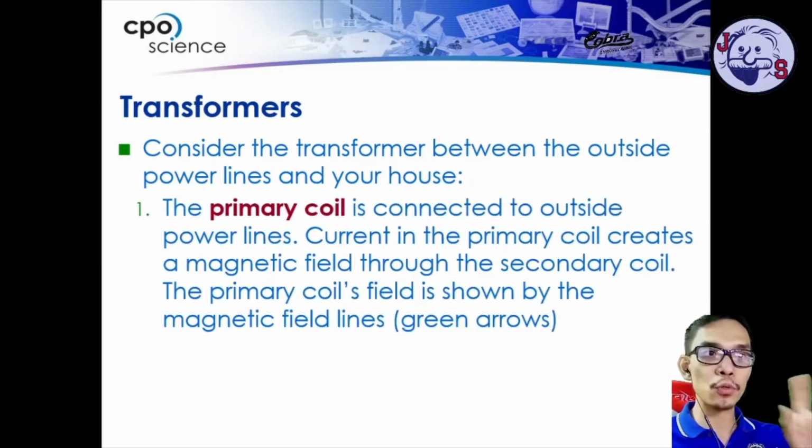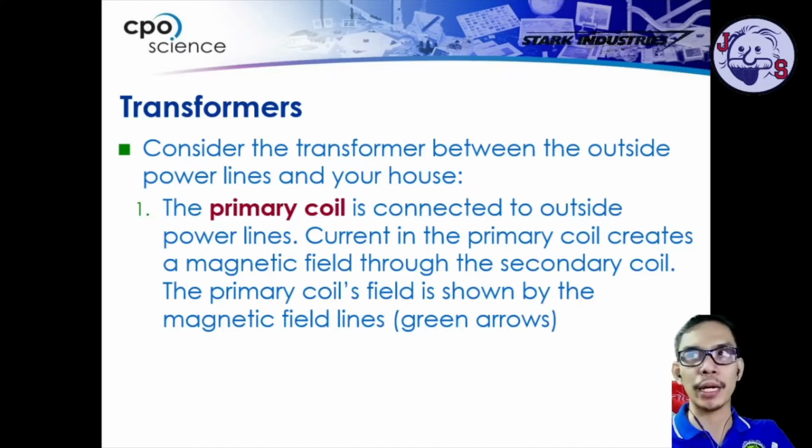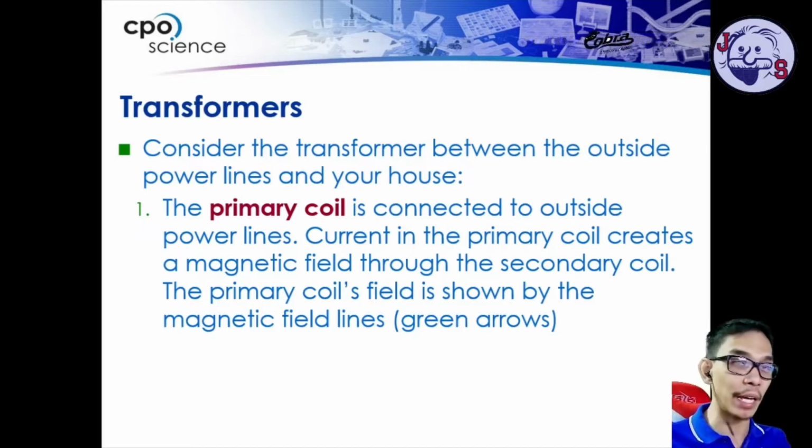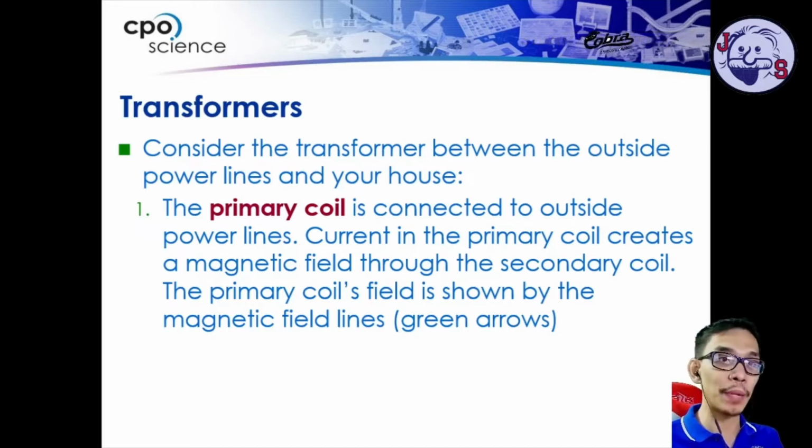Let's have the idea about the transformer. The transformer has two coils, one primary and one secondary. The current in the primary coil creates the magnetic field. As we all know, as Hans Christian Ørsted said, moving charges create a magnetic field. So it follows the same principle.